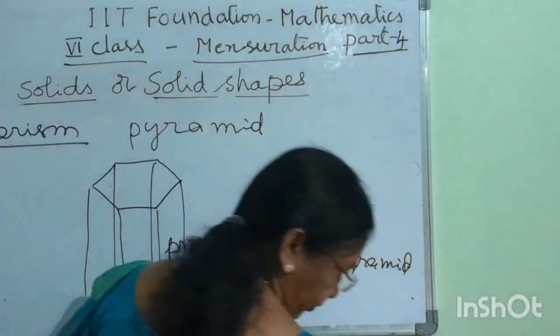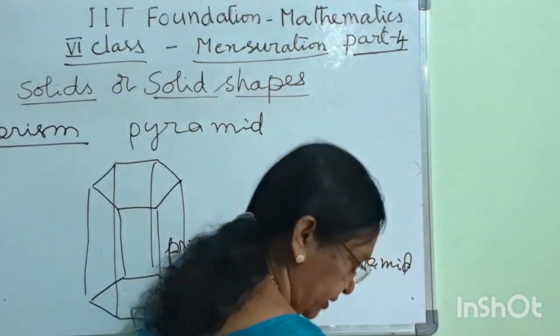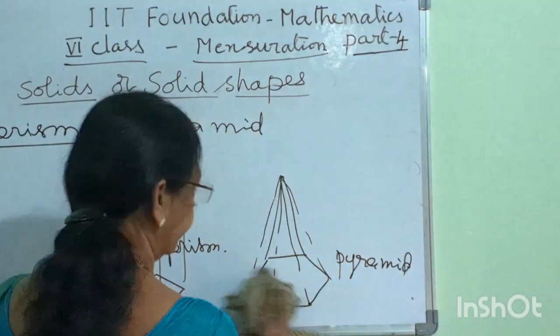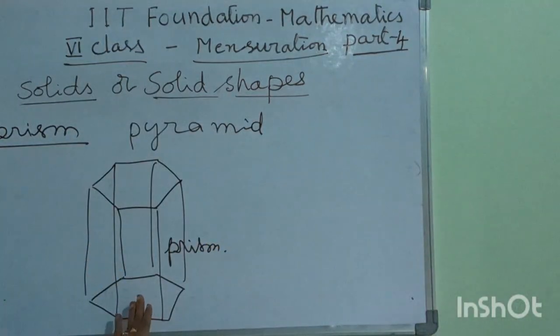So now we will consider some of the important points. This is a hexagonal prism.